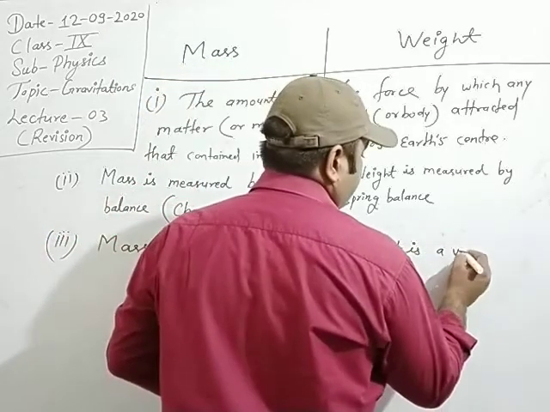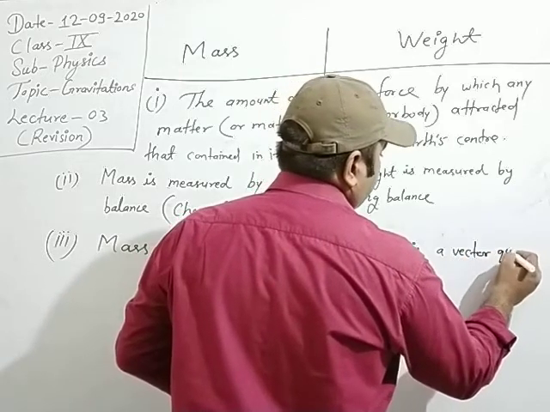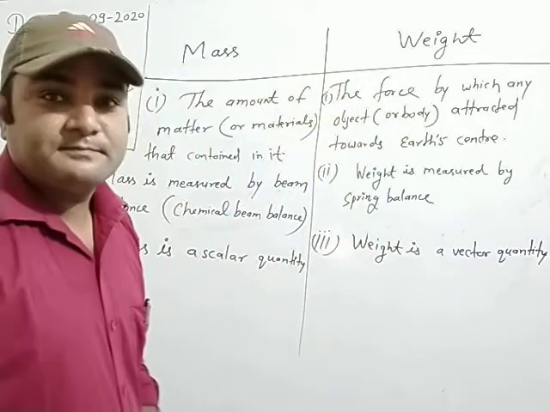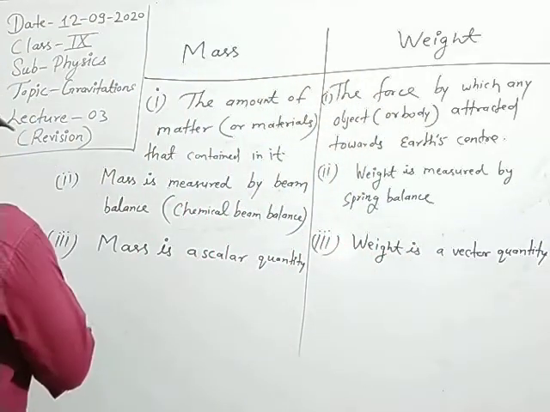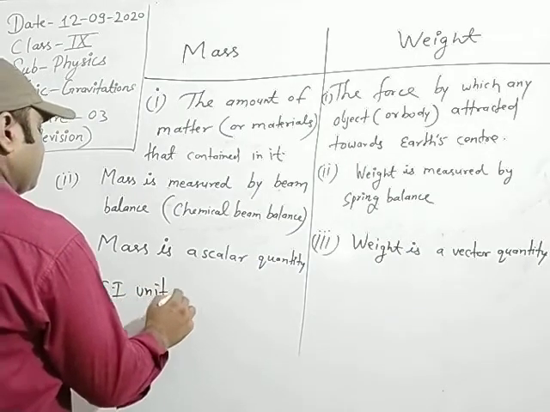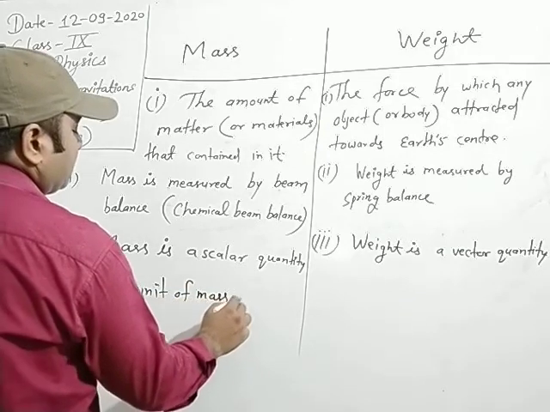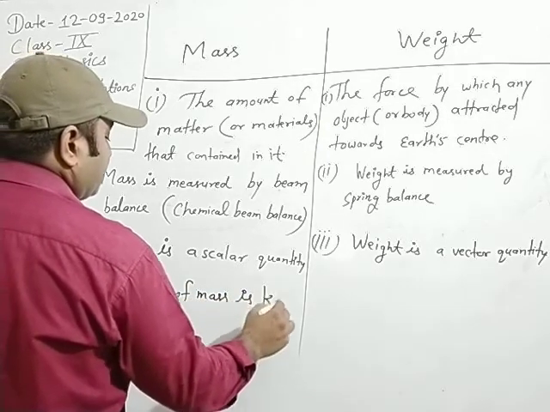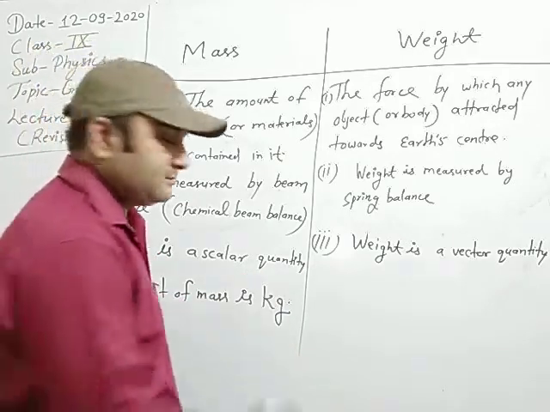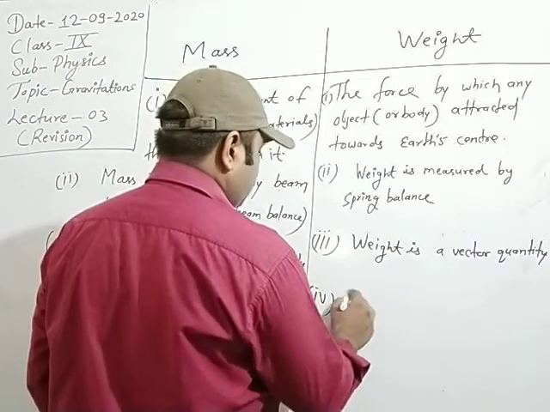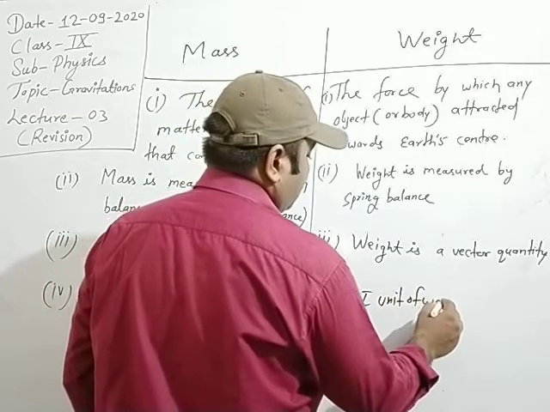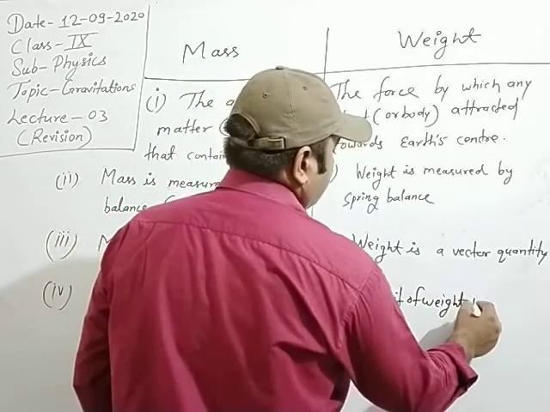Clear? The SI unit of mass is kilogram, and the SI unit of weight is Newton.